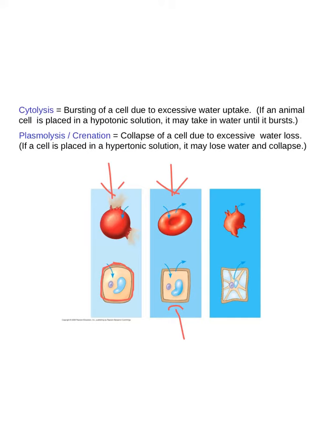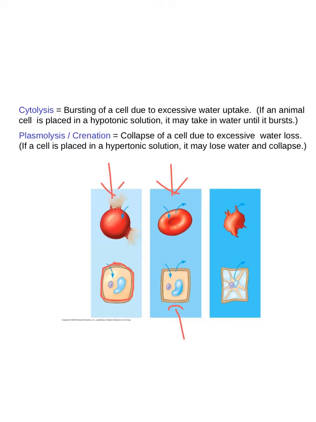So, the opposite can occur if we put the cell in a hypertonic solution. If we put it in a hypertonic solution, you end up with the cell losing water. Remember, in a hypertonic solution, the amount of solutes is greater in solution than it is inside the cell.